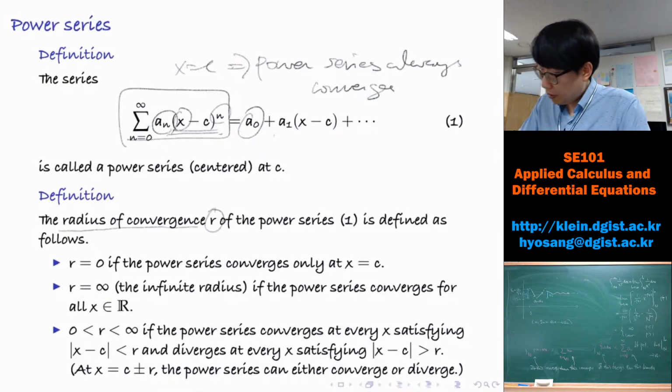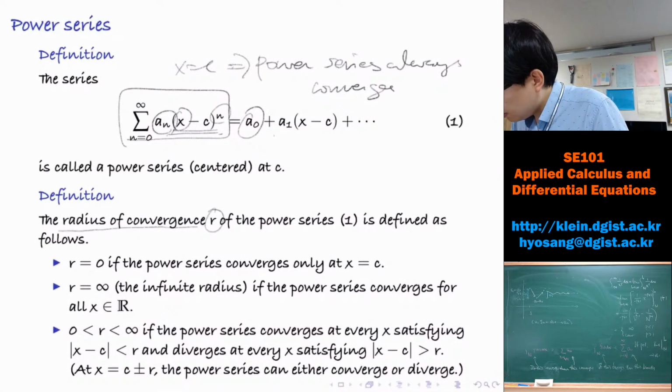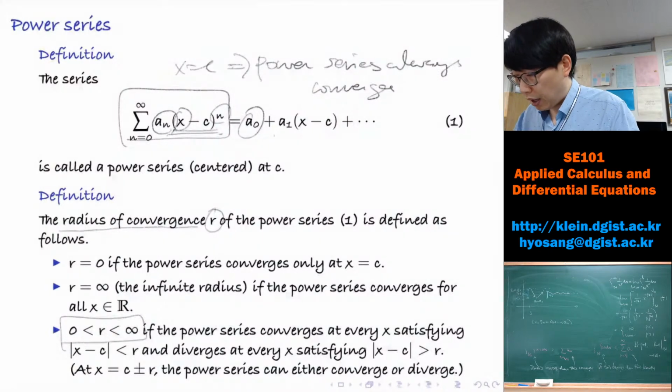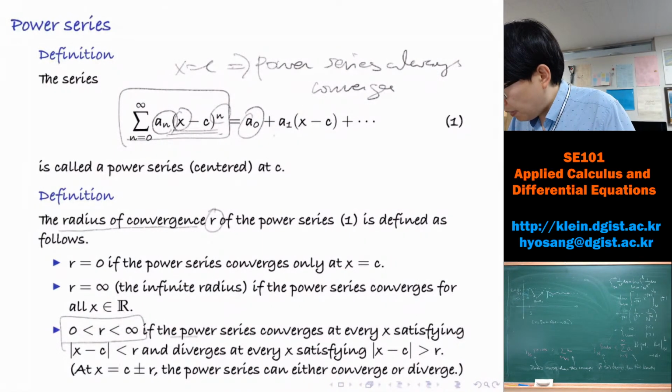So this is a description of the case where R is a finite number, not zero or infinity. We define R to be the value where the power series converges for every x satisfying this inequality. Basically, if you have the real line for x, and there's a c, and then you have c minus R here and c plus R here.